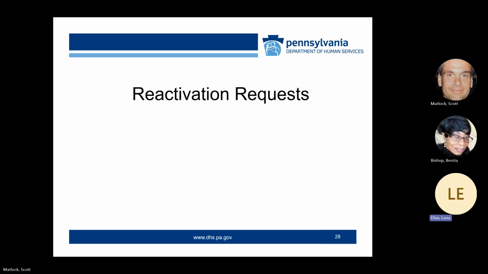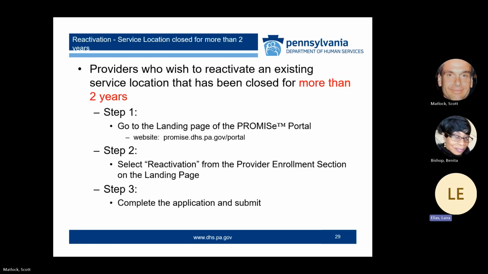Reactivation requests. So providers who wish to reactivate an existing service location that has been closed for more than 2 years, in order to do that, you need to go to the landing page of the Promise portal, select reactivation from the provider enrollment section on the landing page, and then complete the application and submit it.